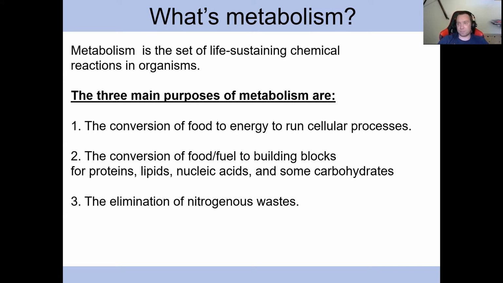The three main purposes of metabolism are the conversion of food to energy to run cellular processes, so essentially to make energy from food; the conversion of food or fuel to building blocks for proteins, lipids, nucleic acids, and some carbohydrates, so that's growth, is another way of thinking of it; and finally, the elimination of nitrogenous waste, because we can eliminate water and carbon dioxide relatively easily, but for nitrogen, we have a whole separate system necessary for eliminating it. Now, this definition comes from a highly respected source. This is the Wikipedia definition of metabolism, so always a good friend to the scientist.